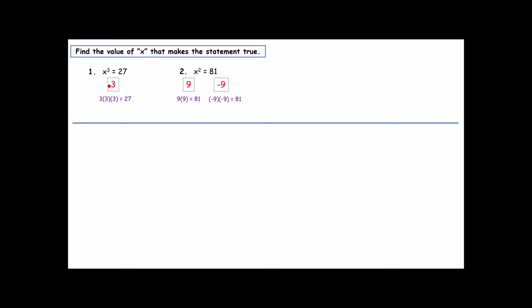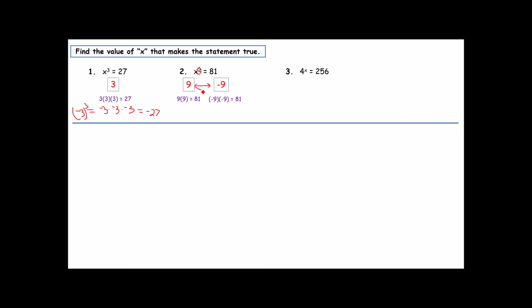Notice negative 3 did not work over here because negative 3 times negative 3 times negative 3 would be an odd number of negative signs, which would give you a negative 27. Whenever you've got an even exponent, you've got to be careful to make sure you get both of the possible solutions.